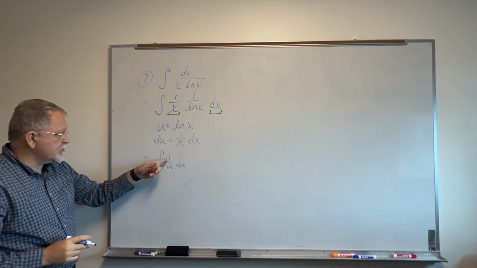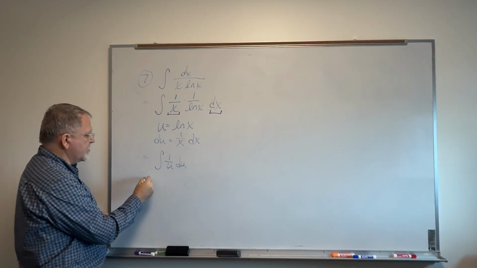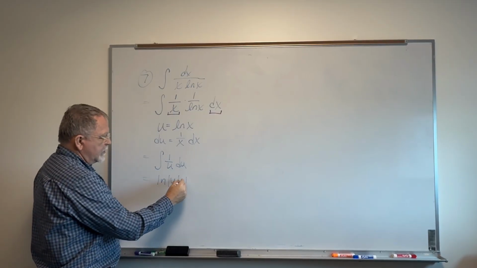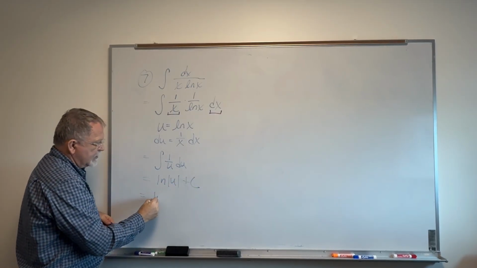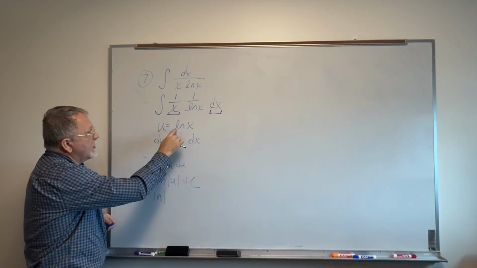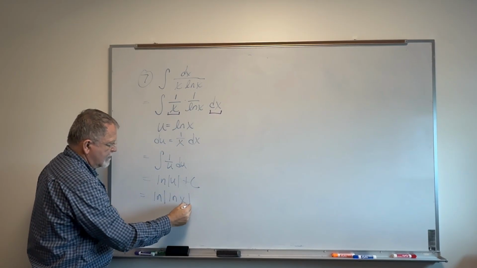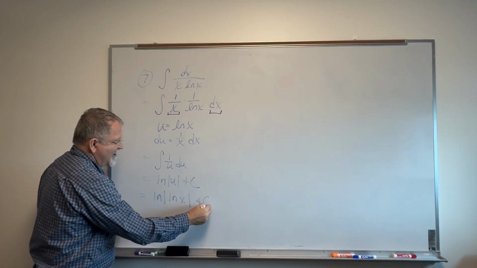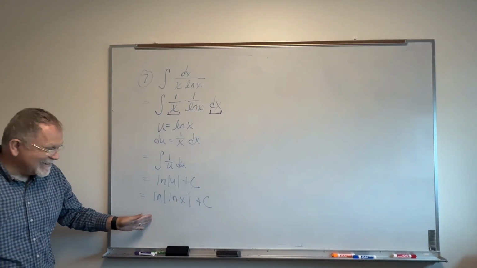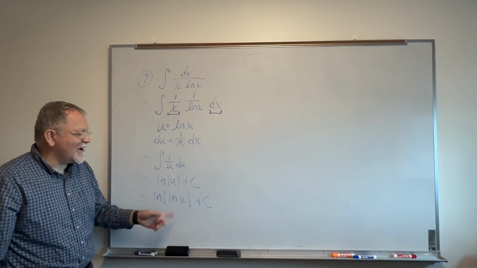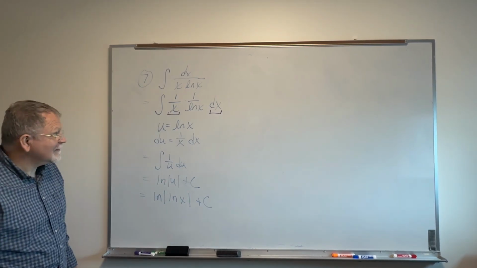So I want to know the function whose derivative is 1 over u. Well, that function is the natural log of the absolute value of u plus our constant. So the natural log of the absolute value of u, but u was the natural log of x, plus a constant. So it's a little wild and crazy here: the natural log of the absolute value of the natural log of x plus a constant.